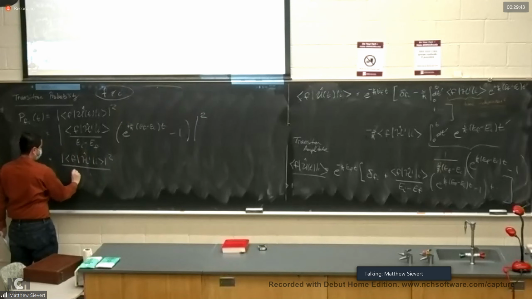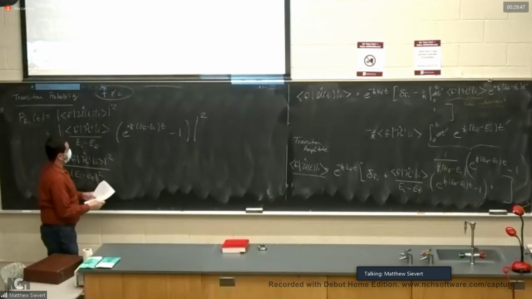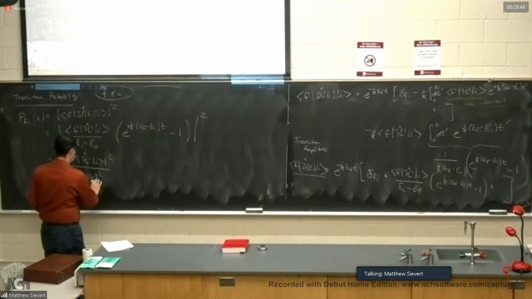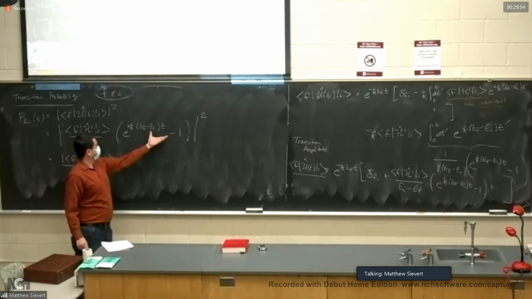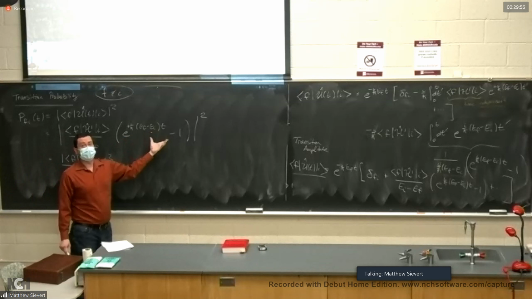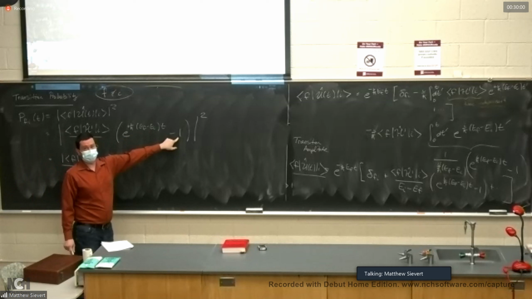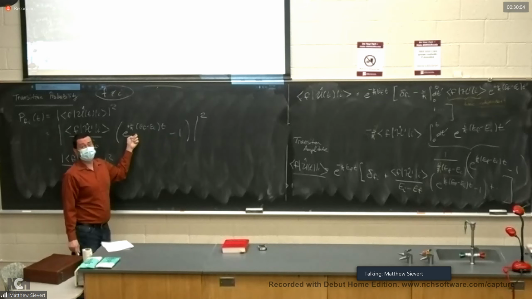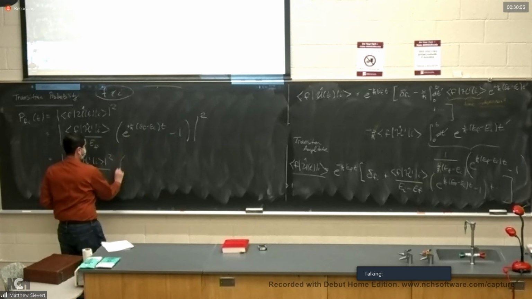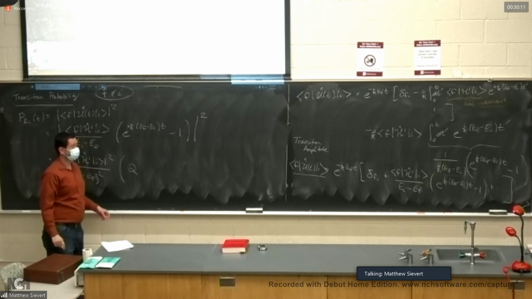The denominator is E initial minus E final squared. The real important part comes from squaring this complex phase. So absolute value squared means take the factor and multiply it by its complex conjugate. So when I multiply 1 times its complex conjugate, I get 1. When I get phase times its complex conjugate, I also get 1. So those two perfect squares give me a factor of 2.